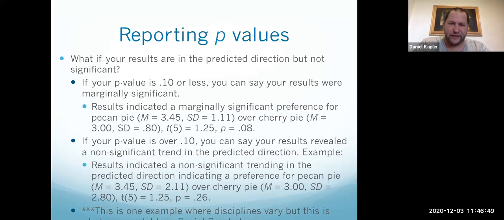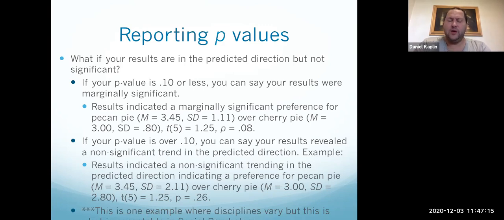That t should be italicized, t(5) = 1.25, and a p-value of 0.08. P equals 0.08, well, that's in between 0.05 and 0.10. So that phrase of marginally significant might fly in some social psychology journals.